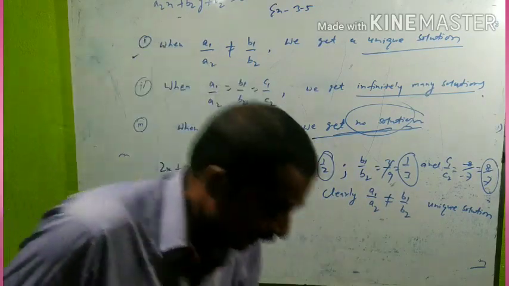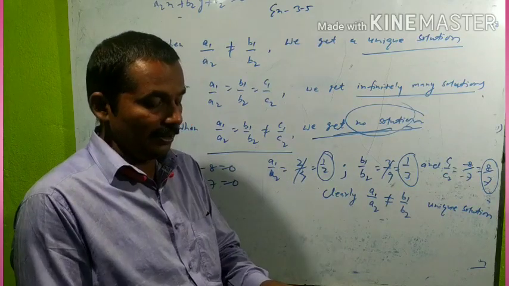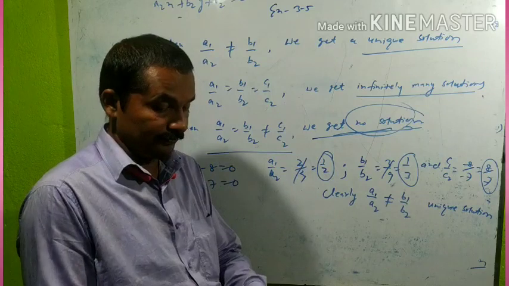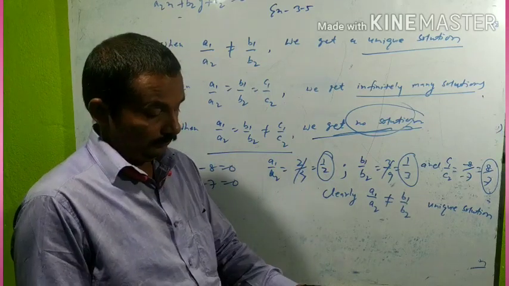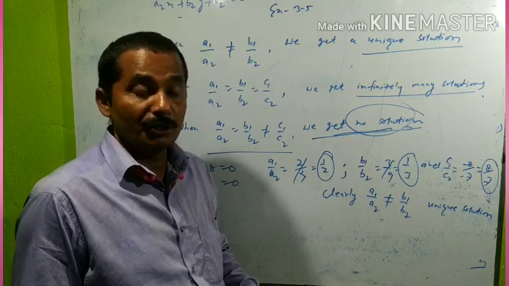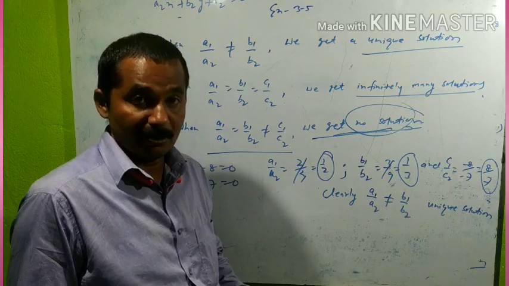According to the question given in your book, in your exercise, if there is a unique solution, then you will apply the cross multiplication method.